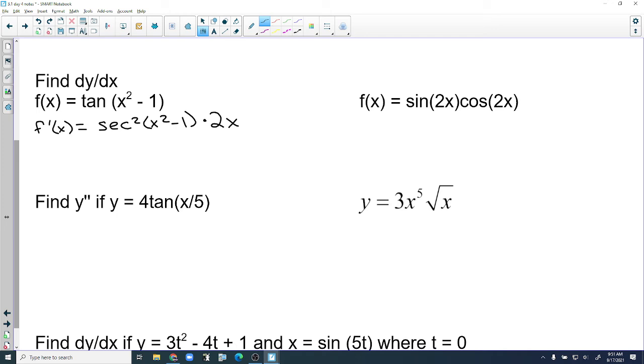There's the first one. Secant squared of x squared minus 1 times 2x, chain rule, of course.